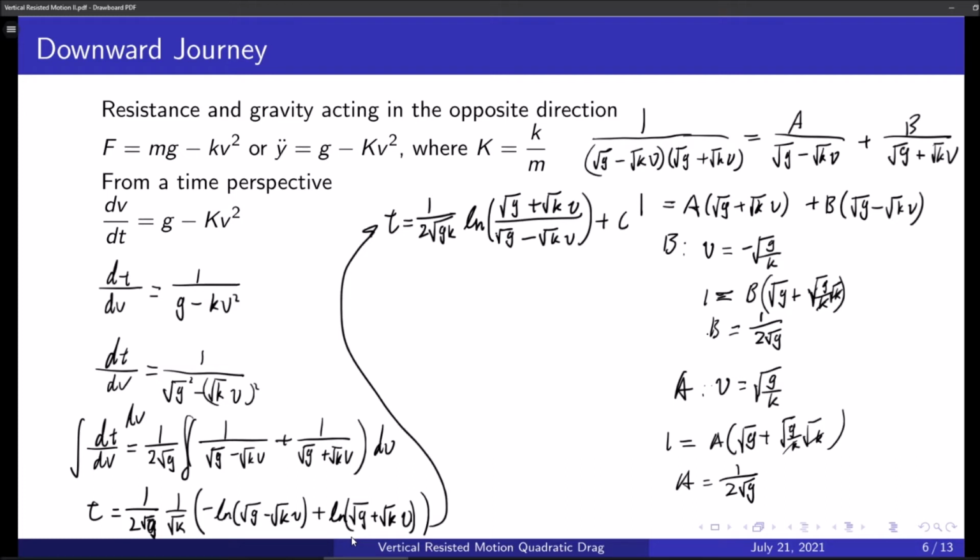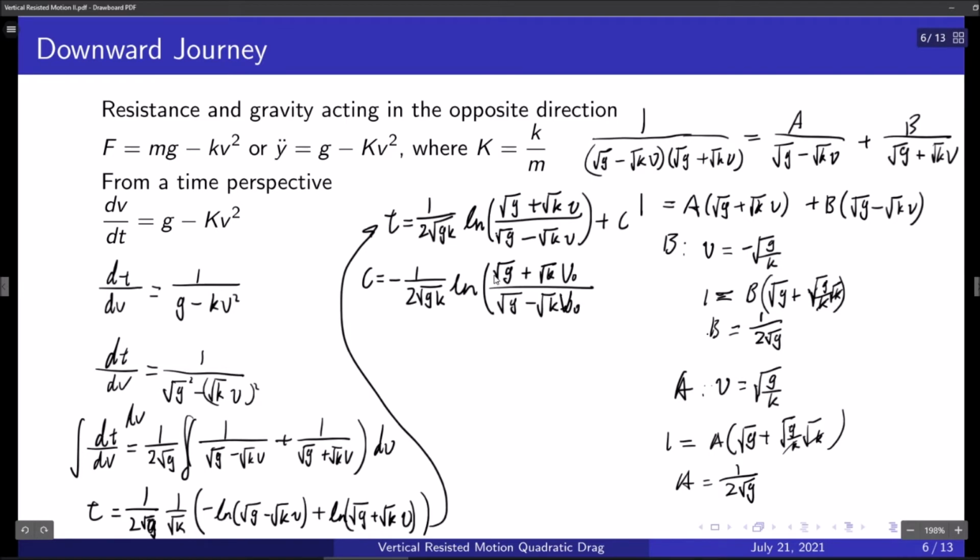Obviously here the c has to be this value when v equals v naught, so the initial velocity. So c has to equal negative 1 over 2 square root of gk times log of square root of g plus square root of kv naught over square root of g minus square root of kv naught.